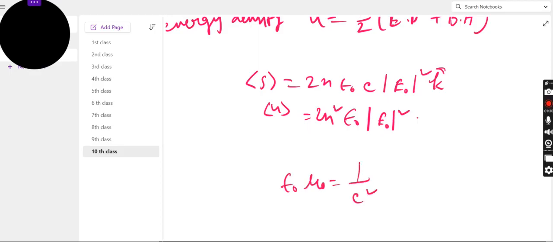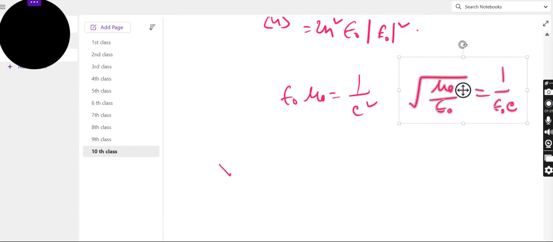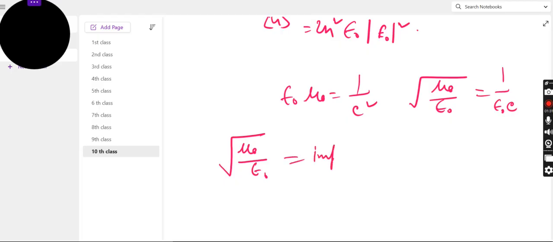1 by C square is root over mu naught epsilon naught, which is basically 1 by epsilon naught. This thing is called the impedance of free space.